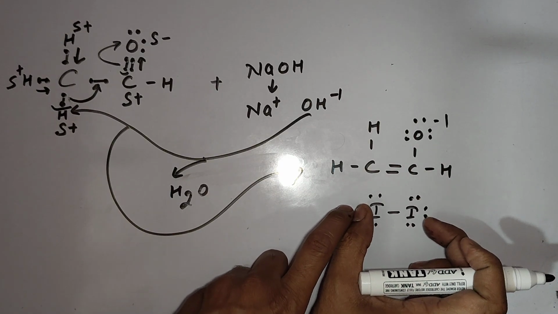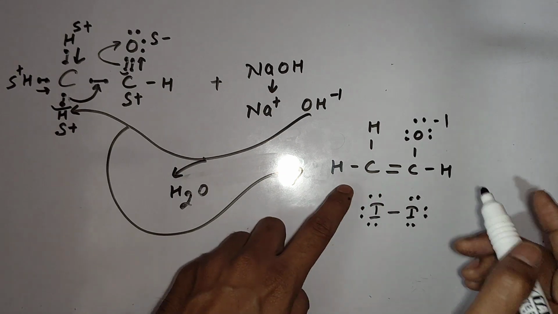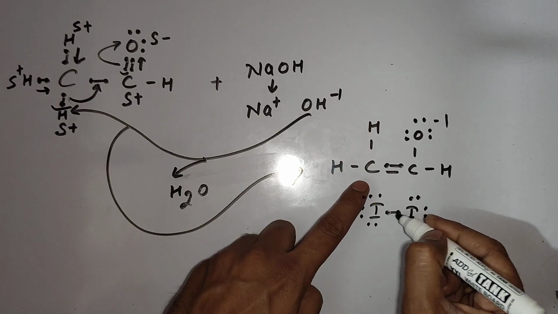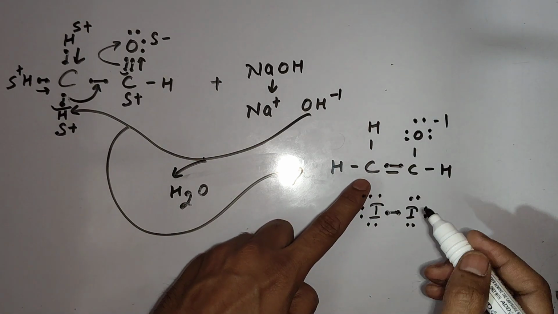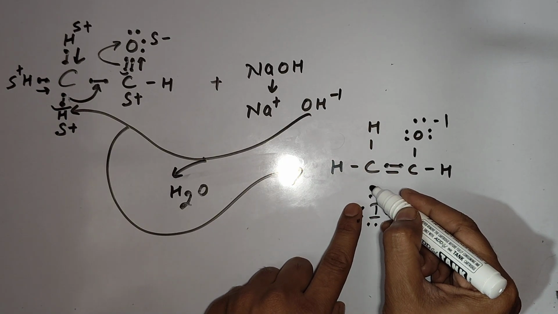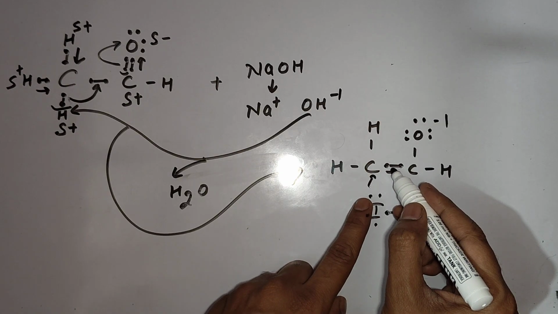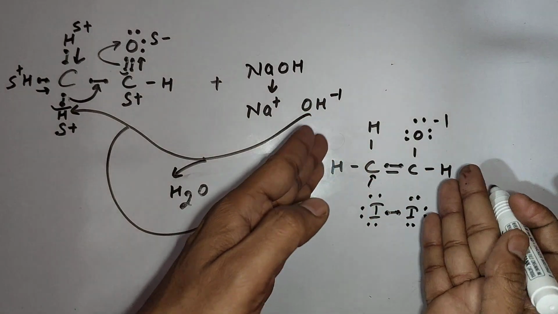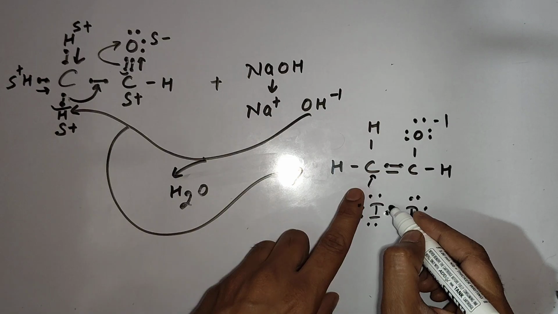As iodine particles come in contact with this enolate ion, as you know, pi electrons are perpendicular to the molecule. Suppose this iodine is coming in contact with this carbon. Pi electrons will come toward this iodine, because this is unstable. This is not a final compound. It will change itself. It will polarize the iodine molecule.